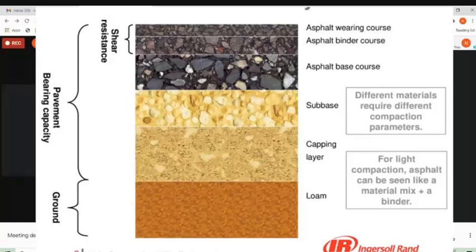Whenever you go out and observe such construction activities, try to take photographs and share them in this 8B pavement design group, so that we can discuss what that particular structure is and what different layers they have constructed, or if you observe any new kind of pavement material they are using.